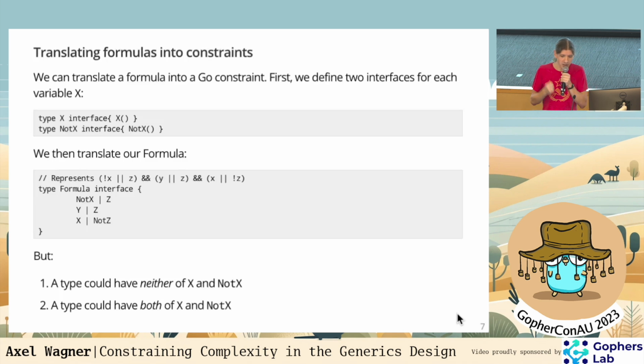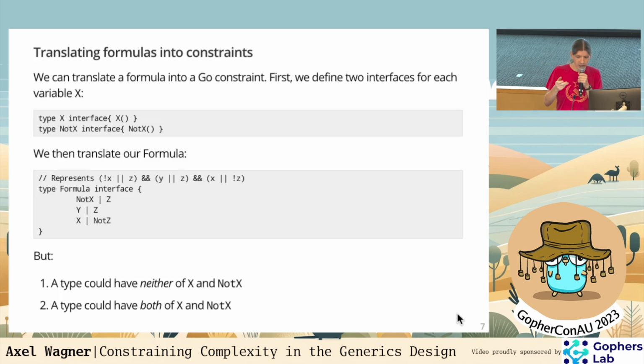So we construct a Go program that solves our satisfiability problem. To do that, first we define two interfaces for every variable in our formula. One interface is x, which just has the method x, and this interface represents that the variable x is true in our hypothetical assignment. And we define not x, which just has the method not x, and that represents x is false in our particular assignment.